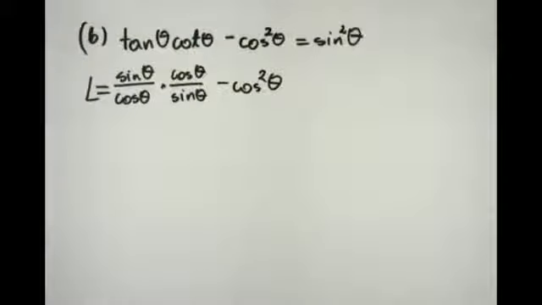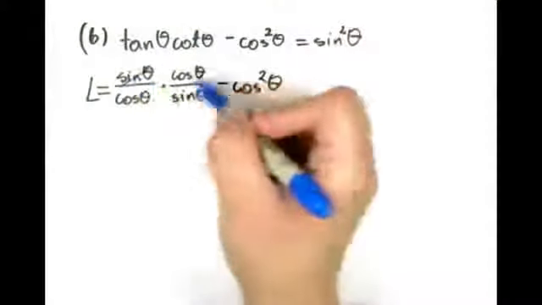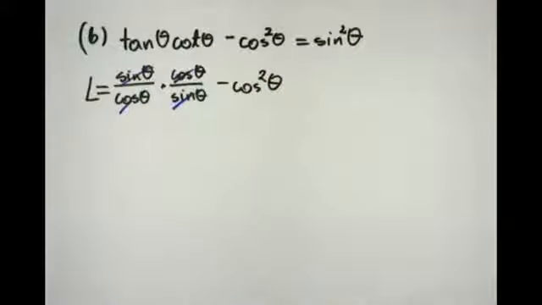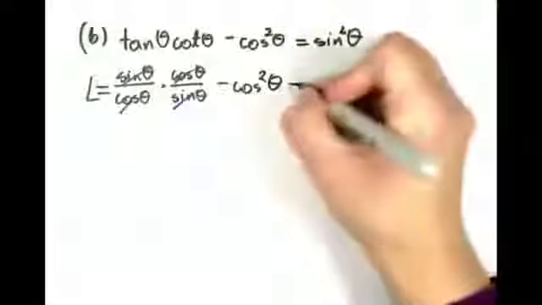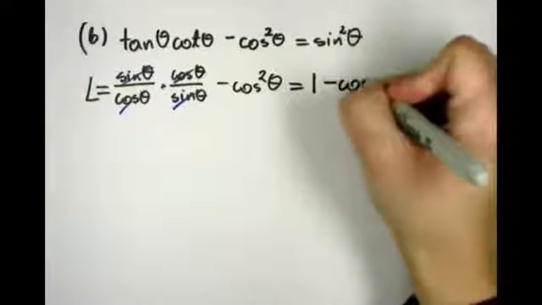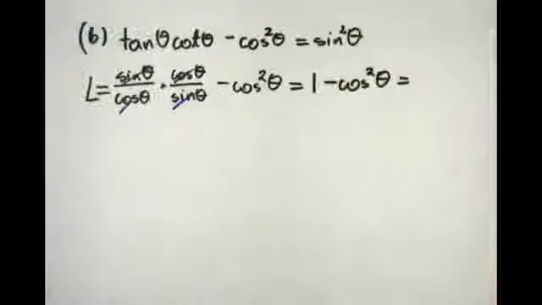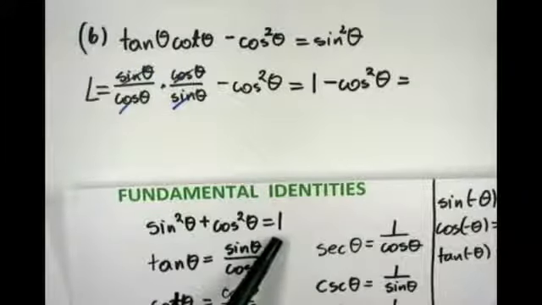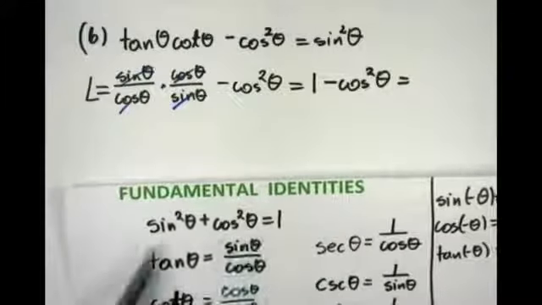So now in the multiplication, I can reduce sine and sine, cos and cos. So what I reduce up to is 1. So I'm left with 1 minus cos square theta. But now we can use the first trigonometric identity: sine square plus cos square is 1. So instead of that 1, I will write sine square plus cos square.